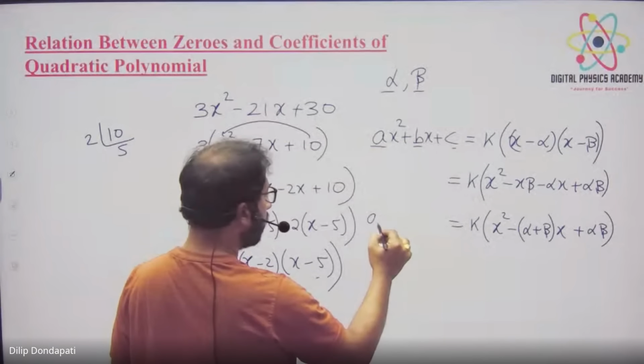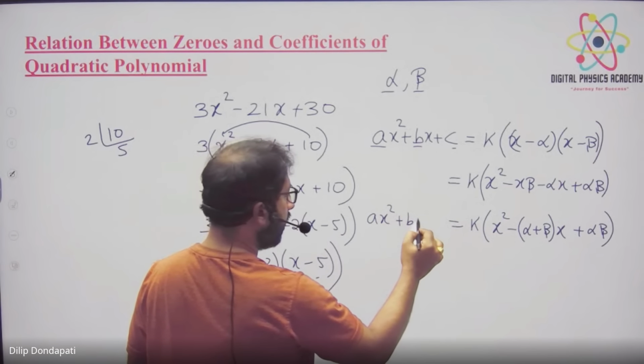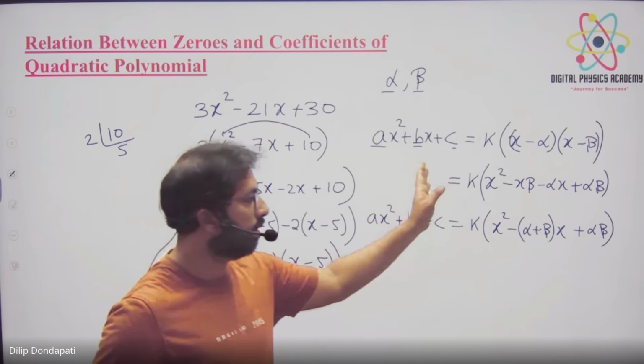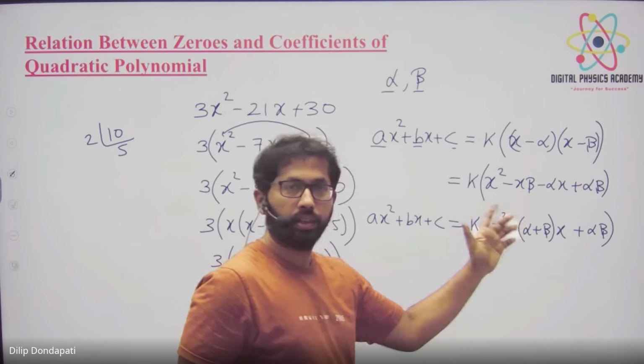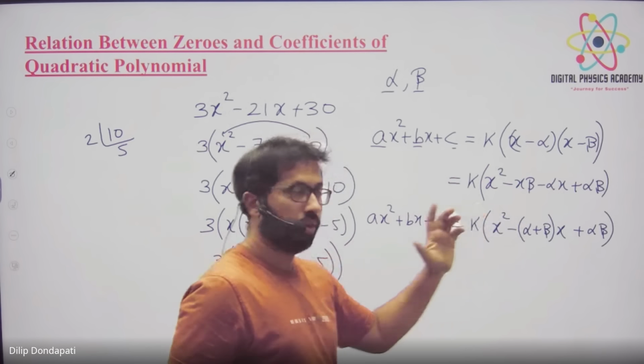This is what? ax square plus bx plus c. Understood? I just multiplied inside. Okay, now k, I am multiplying inside: kx square minus k times of alpha plus beta times of x plus k times of alpha beta.